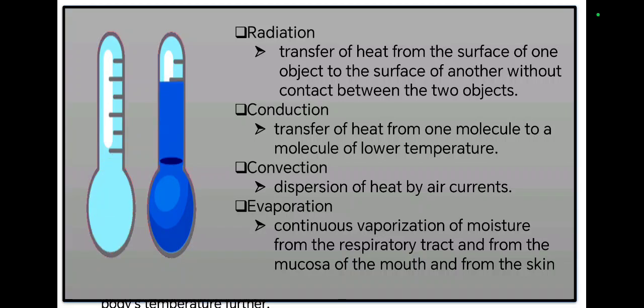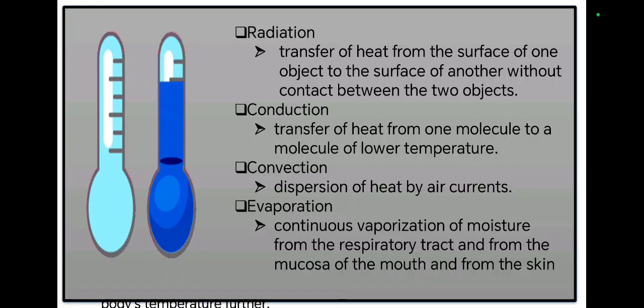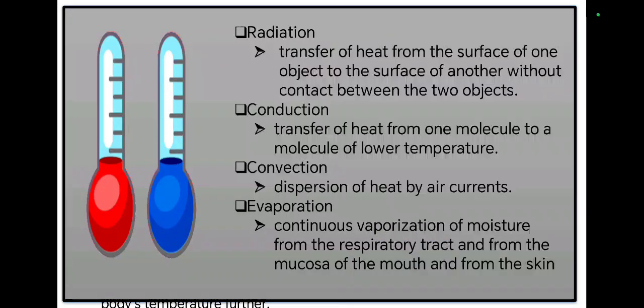It is the continuous vaporization of moisture from the respiratory tract, from the mucosa, and from the skin. So when we sweat, when we talk, and when we sneeze, or everything that we do that may result in sweating or continuous vaporization.